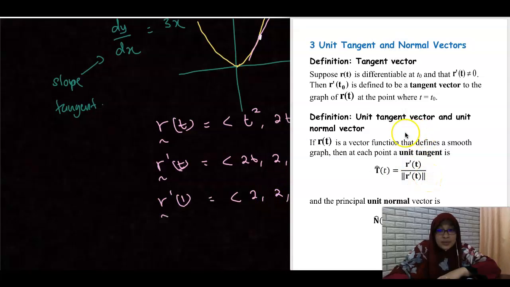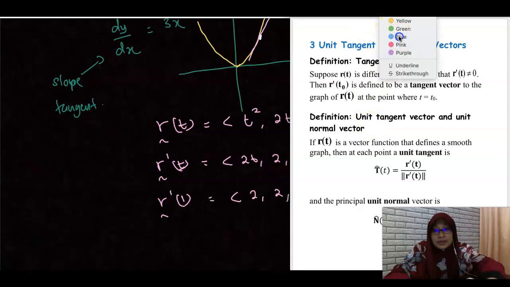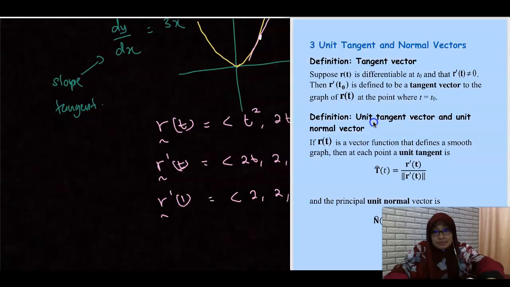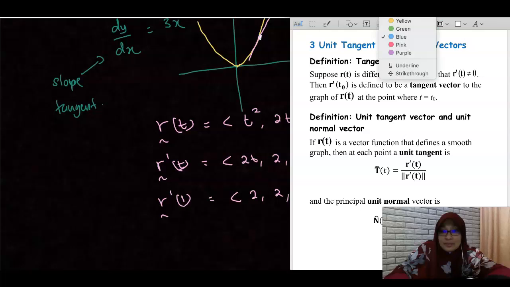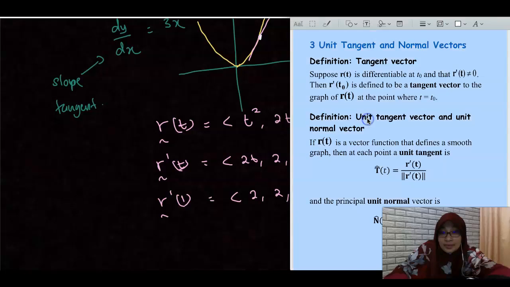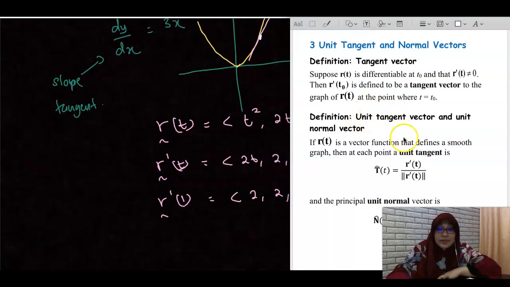Now look at the unit tangent vector. When there is the word unit, you have to apply the formula of a unit vector, where the tangent vector itself is divided by its magnitude.